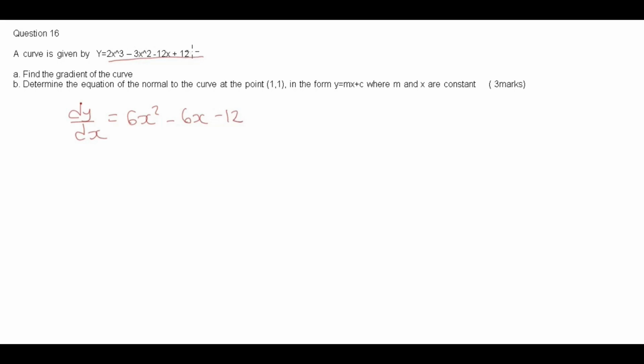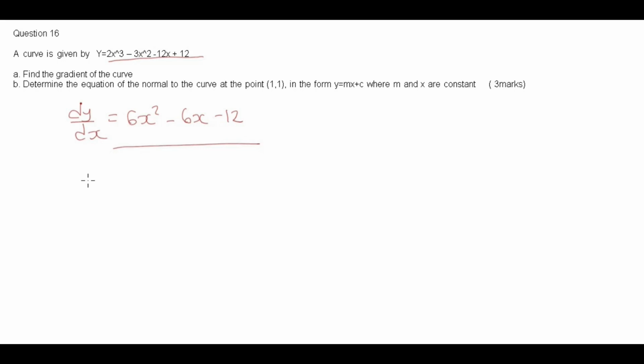Since there is no variable in the 12, it's a constant, so we leave it like that. So the gradient of the curve is 6x squared minus 6x minus 12. This is the gradient of the curve.